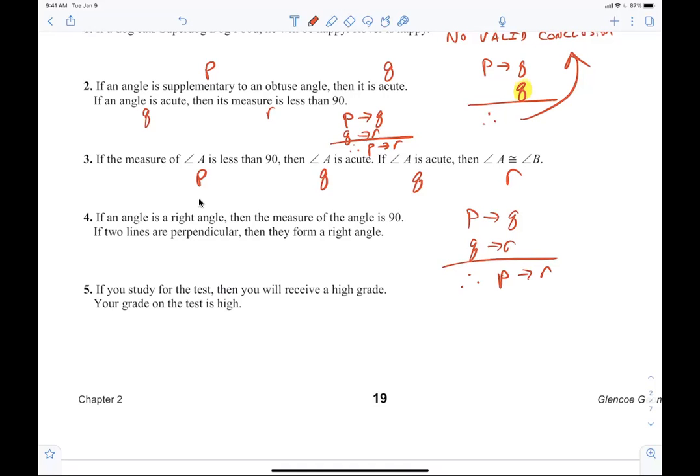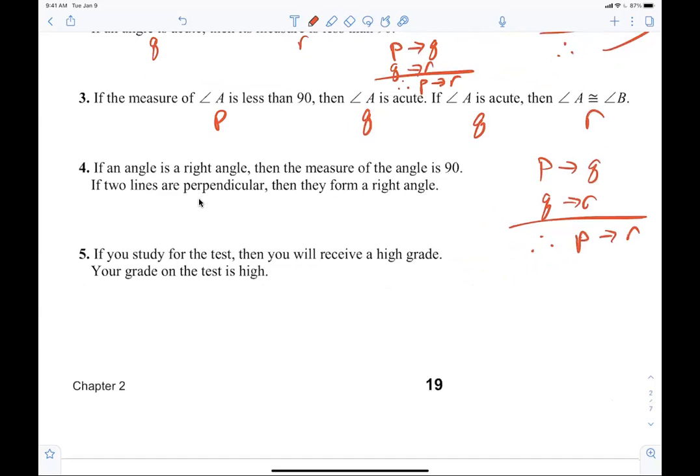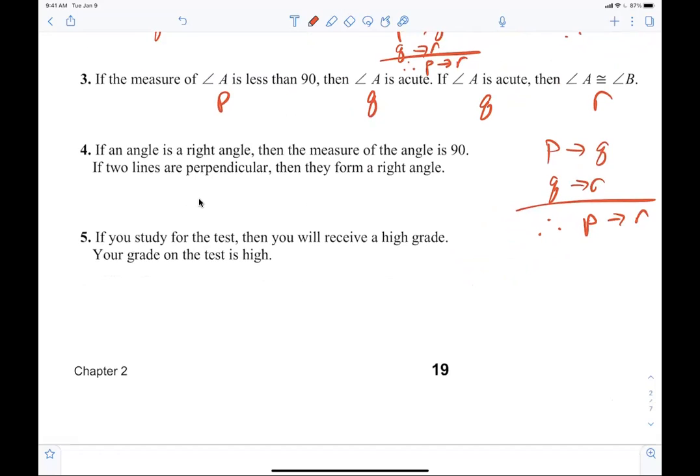All right, now let's look at number 4. If an angle is a right angle, what's that? P. Then the measure of the angle is 90. If two lines are perpendicular, R, then they form a right angle. Is that valid?